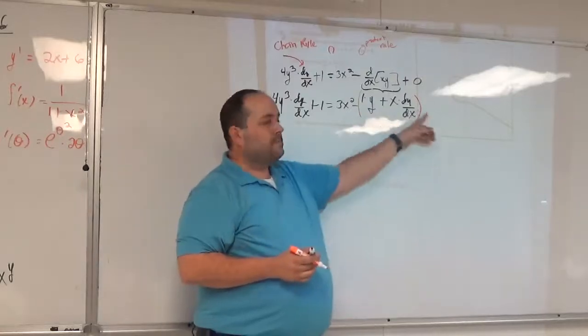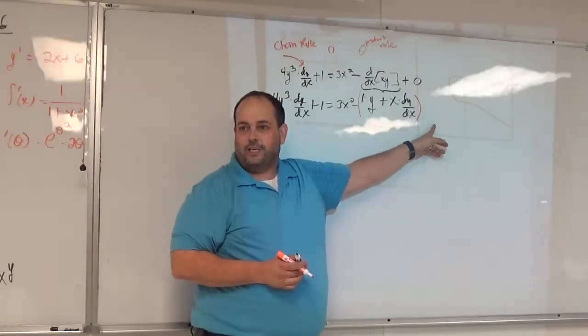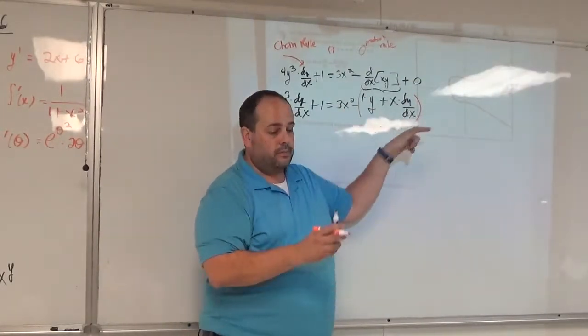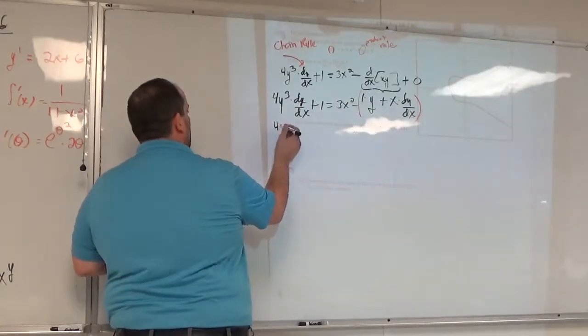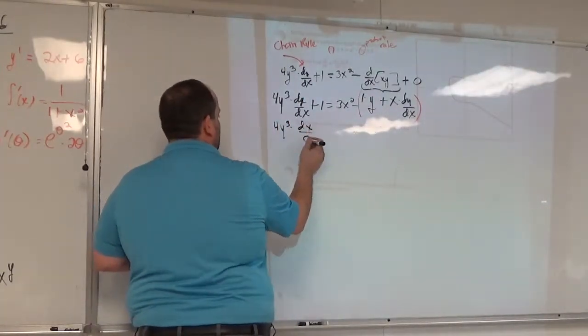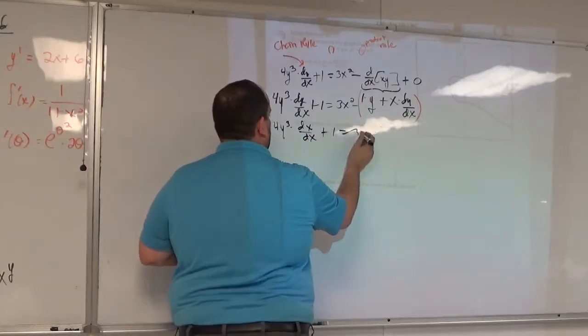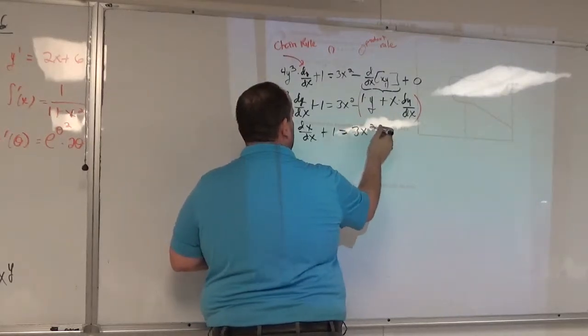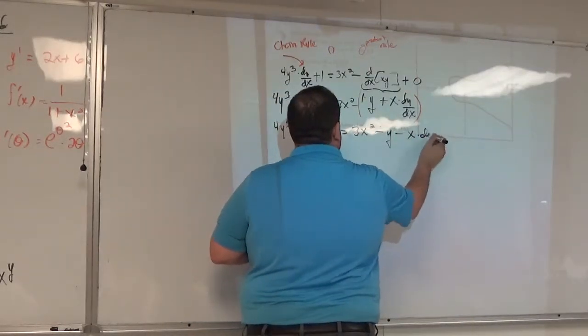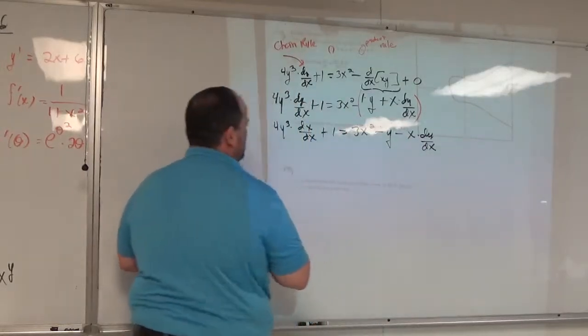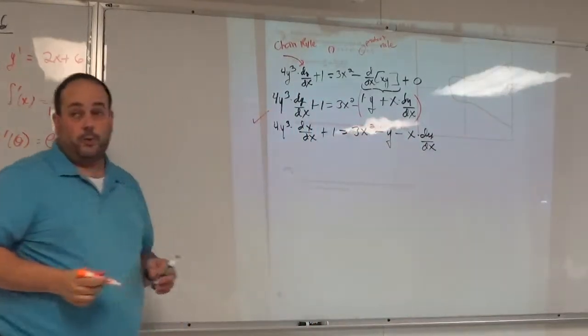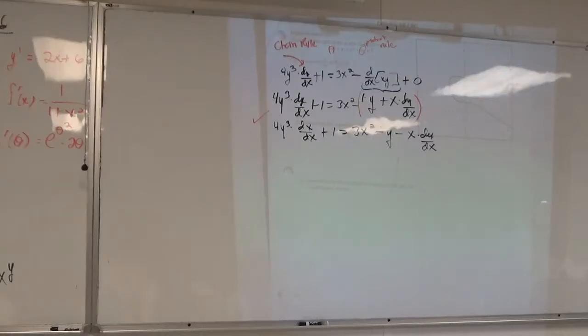If you don't have the parentheses, I think it is likely you won't remember to distribute. Alright, so 4y cubed dy dx plus 1 is equal to 3x squared minus y minus x times dy dx. That would get you the first point. We're so not done. We're done with the calculus.